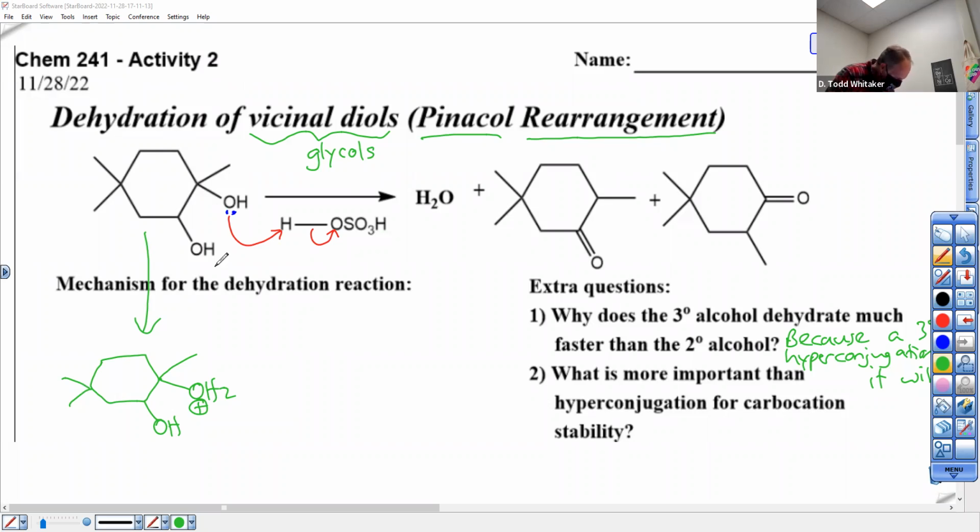We protonated it. What was the purpose of protonating it again? To make a what? A leaving group so that it can, yes, leave. And you get a lovely tertiary carbocation.